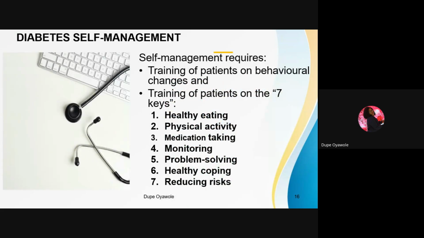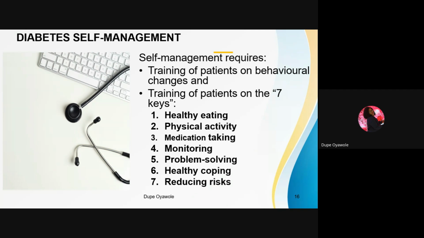Next slide. So I just put this there for us to know that there are 7 key areas, a kind of summary of what we're talking about. There is diet, physical activity, and medication taking, not just medication taking, but the right medication taken at the right time. All the 6 rights of medication taking should be put into consideration, and it will help to monitor them and follow them up.